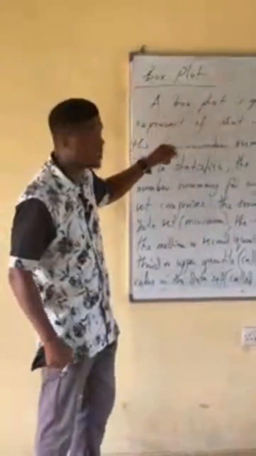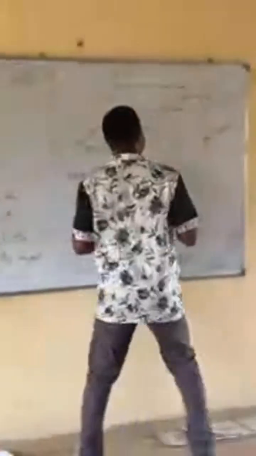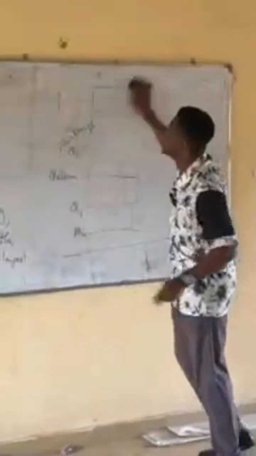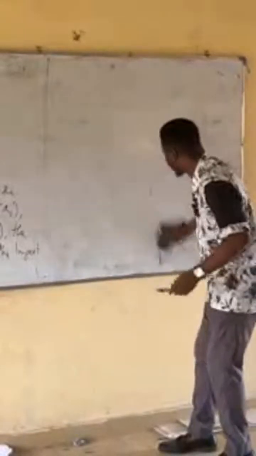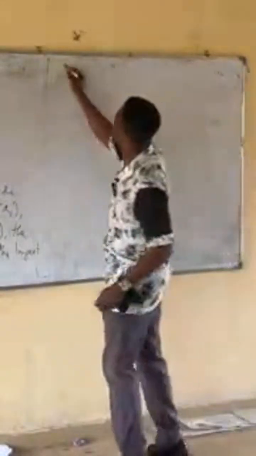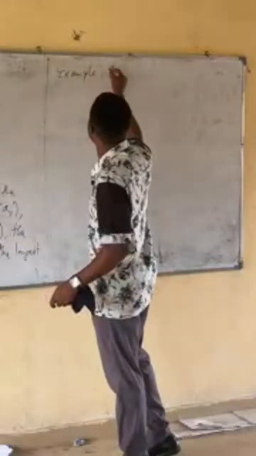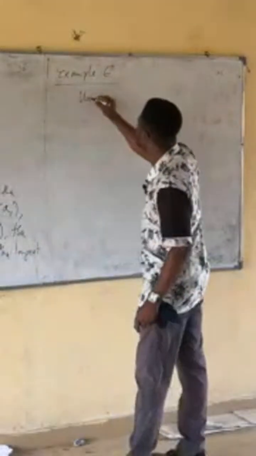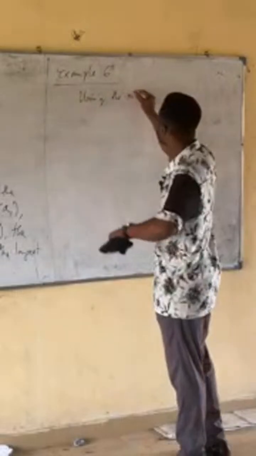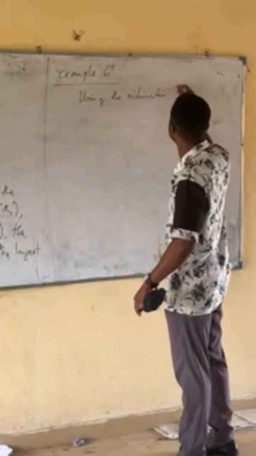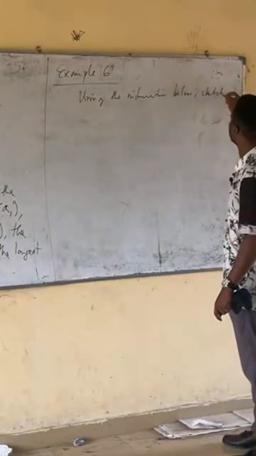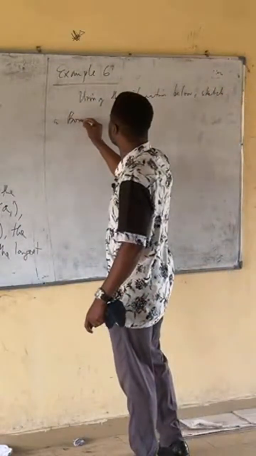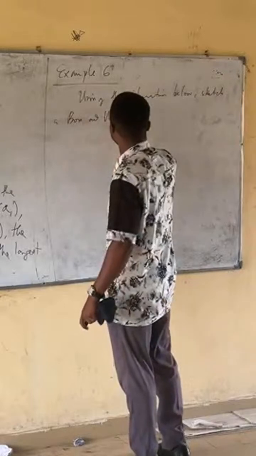Am I understood? So what we are going to do now, I'm going to just give you a simple question as example. Let's take example 6. So example 6 says, using the information below, sketch a box and whisker plot.